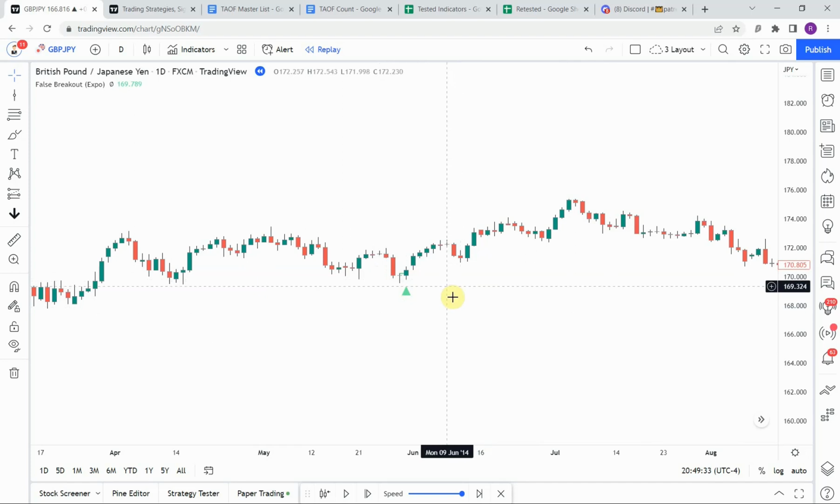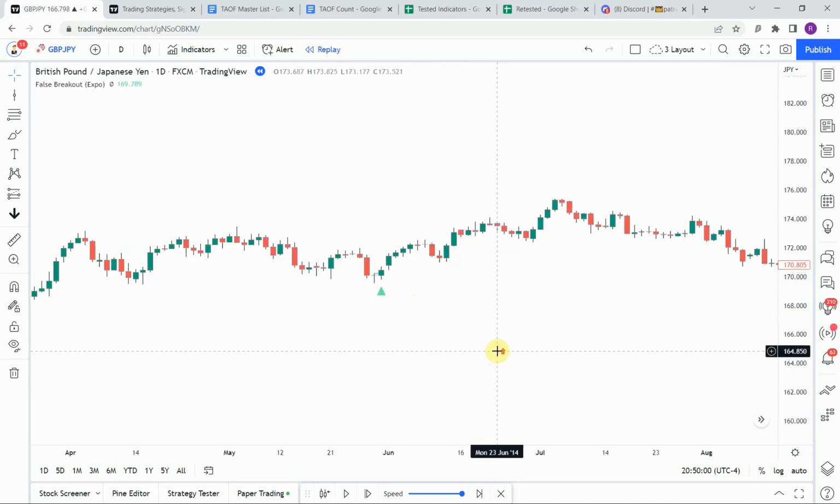And so this indicator is basically a reversal indicator, because as it identifies that false breakout that takes place and that false breakout fails, it identifies when a breakout took place, and then when it fails, price moves back in the opposite direction.